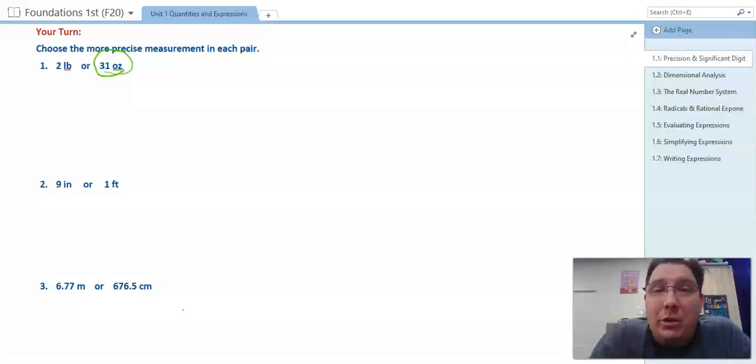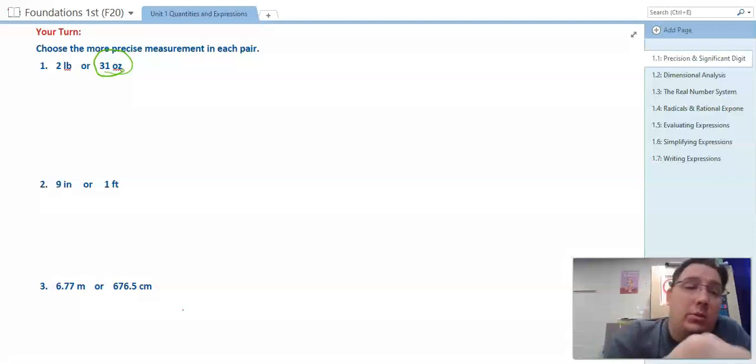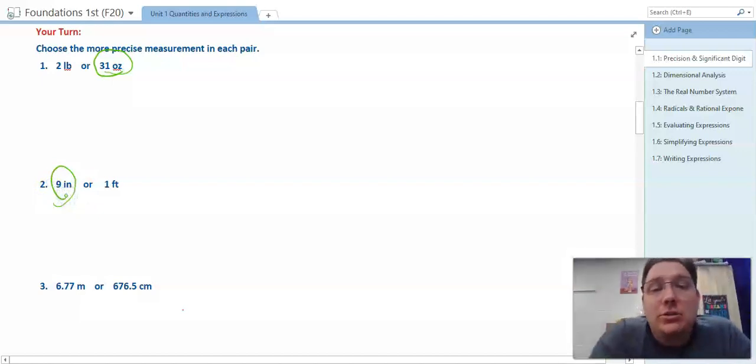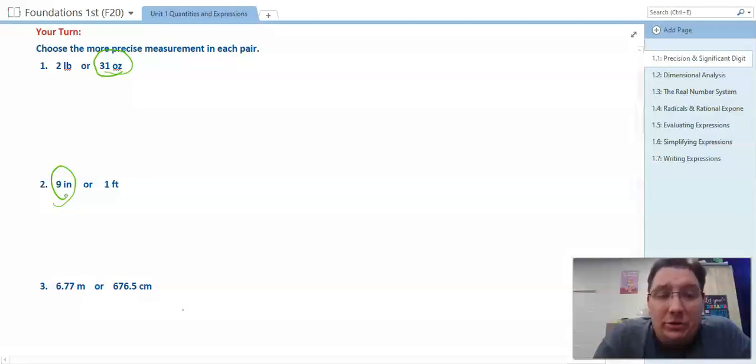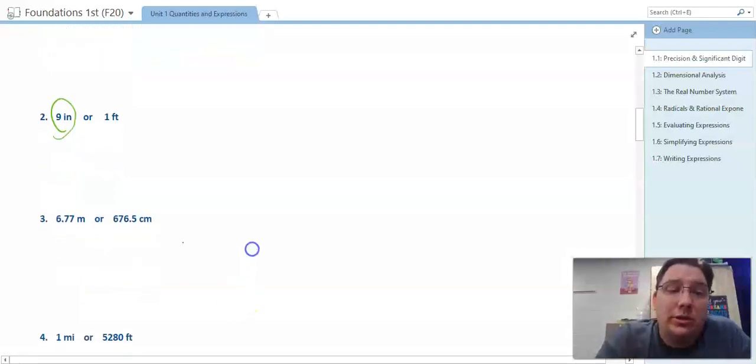Is 9 inches or 1 foot more precise? Well, it's the 9 inches. And finally, the 6.77 meters or 676.5 centimeters. Which one of those two is more precise? And there's actually 4 examples here, so make sure you got that 4th one down there.